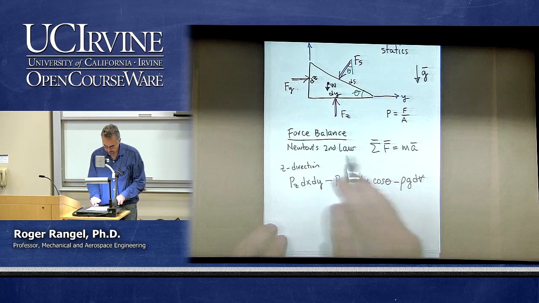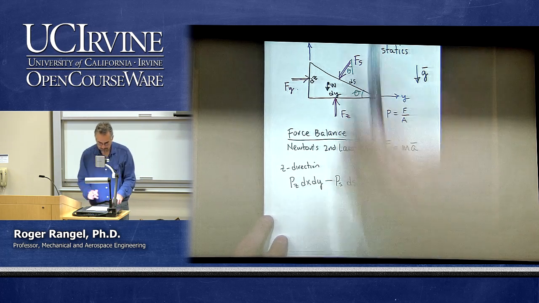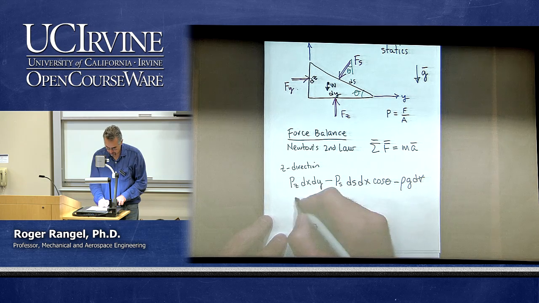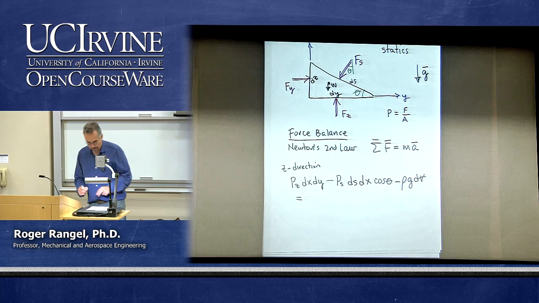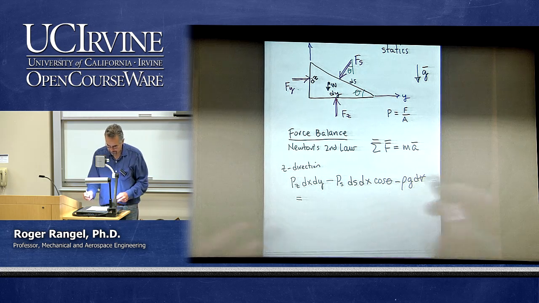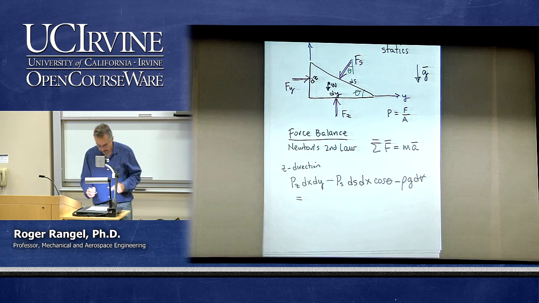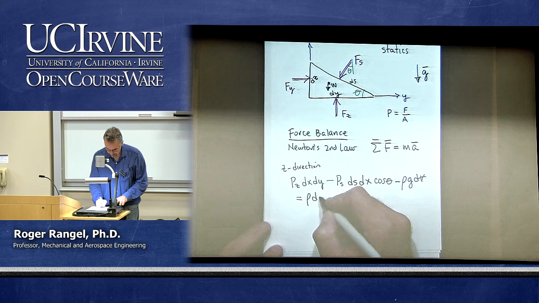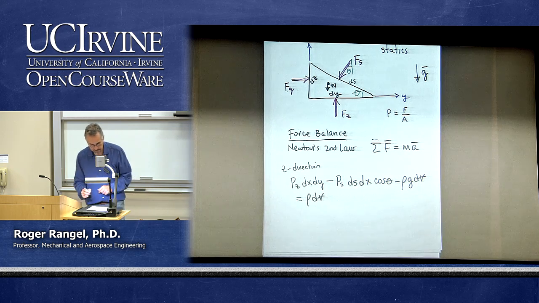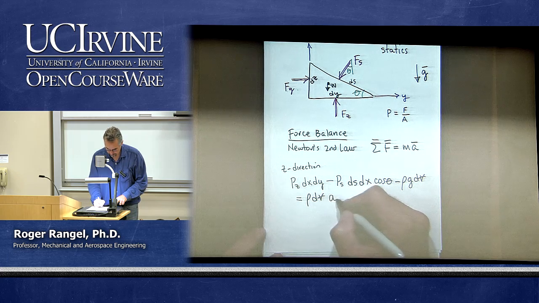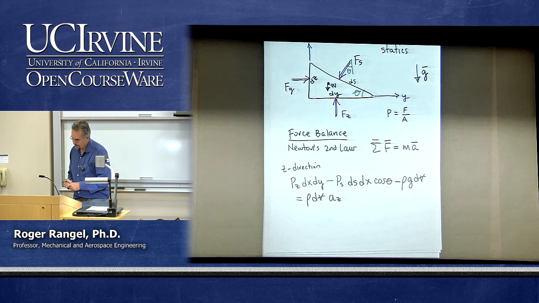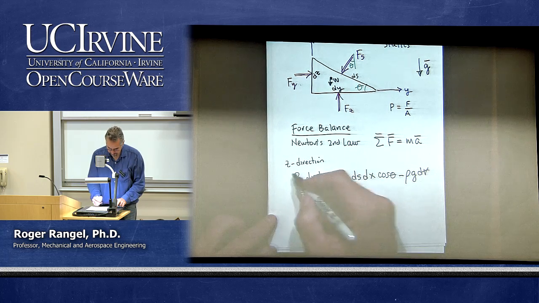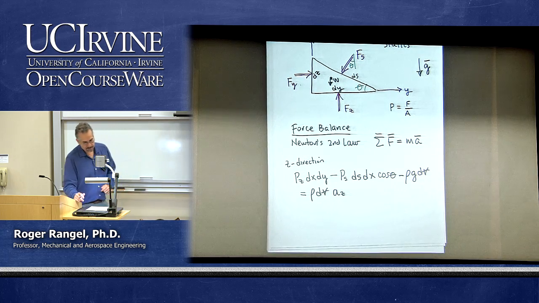So those are all the forces that are acting in the z direction, and therefore that must be equal to the mass times the acceleration in the z direction. So I will say that this is rho dv, which is the mass, times the acceleration in the z direction. So this is my force balance in the z direction.